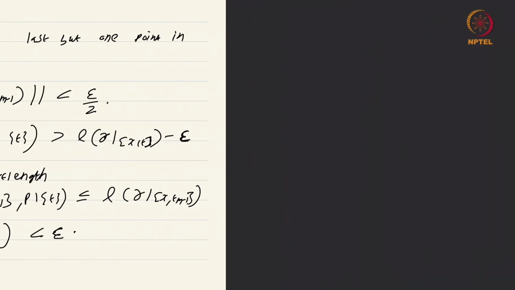Okay. Now what does this show? Well, again you apply additivity of arc length. This shows that s of t minus s of t_{m-1} is less than epsilon, because this is nothing but the length of gamma restricted to t_{m-1} t.